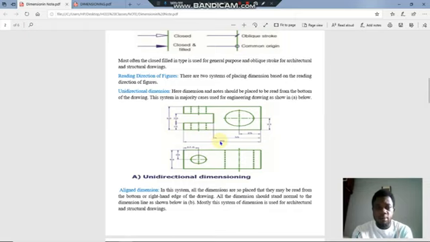In the other, the dimension figure is placed above the dimension line. These are the two basic types.